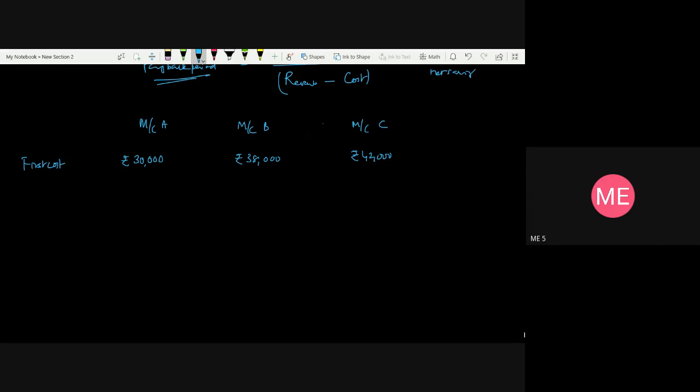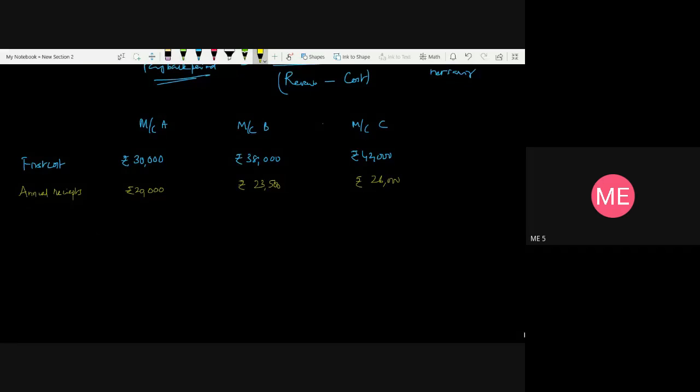and 42,000 rupees on machine C. Then what is the annual receipts I'm going to get from this? Annual revenue is rupees 20,000 on this, rupees 23,500 on this, and rupees 26,000 on this.